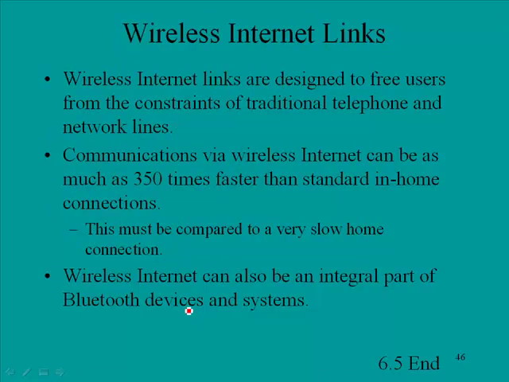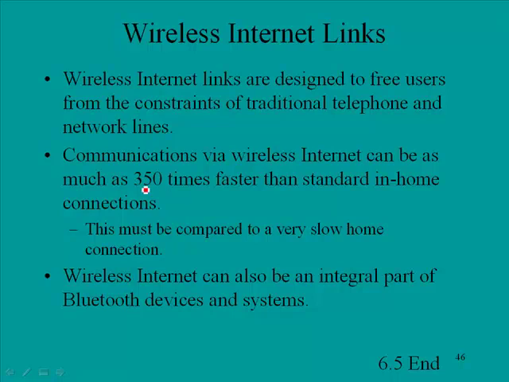Wireless Internet links. Wireless Internet links are designed to free users from the constraints of traditional telephone and network lines. Communications via wireless network can be as much as 350 times faster than standard in-home connections. This is a quote from your textbook.